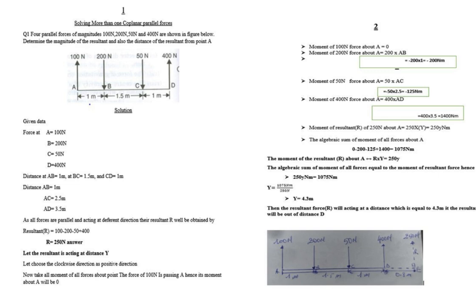For like parallel forces, the resultant force is the sum of the individual forces and acts in their common direction. For unlike parallel forces, the resultant force is the difference between the magnitudes and acts in the direction of the larger force. The point of application of the resultant can be determined using Varignon's theorem or moments.